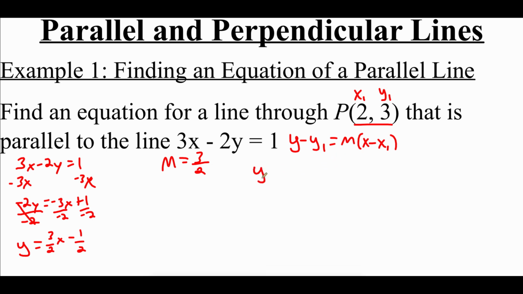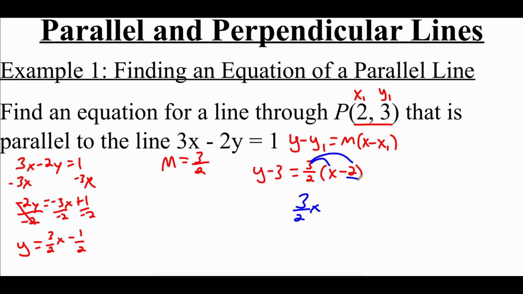So this is going to be y minus 3 equals 3/2 times x minus 2. Now I'm going to work on cleaning this up and getting it in slope-intercept form, y equals mx plus b. So the first thing I want to do is distribute the 3/2. If I take 3/2 times x, we're going to get 3/2 x. And if I take 3/2 times negative 2, well, we're multiplying fractions together.